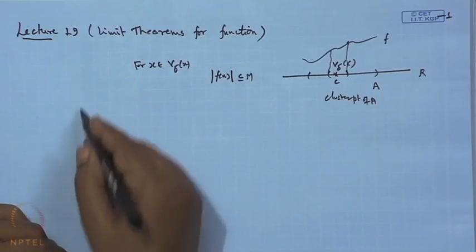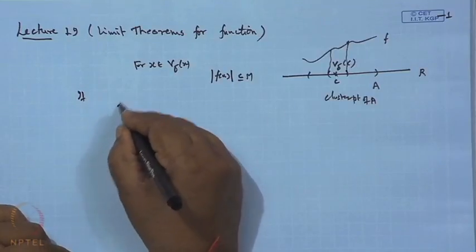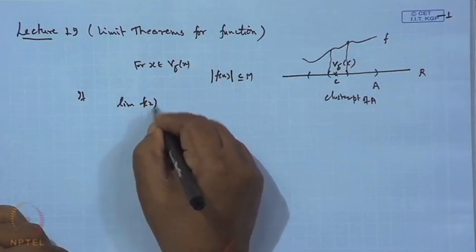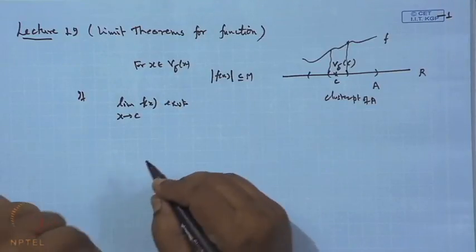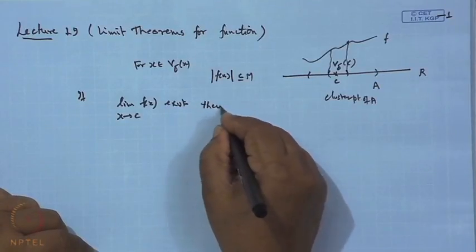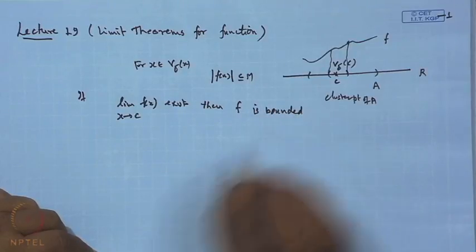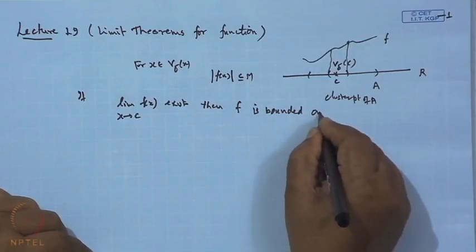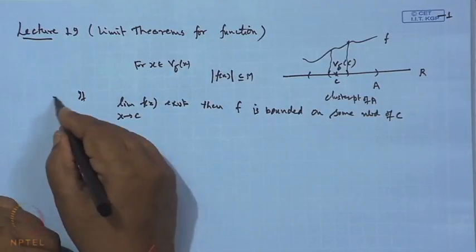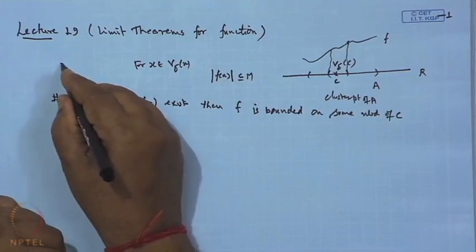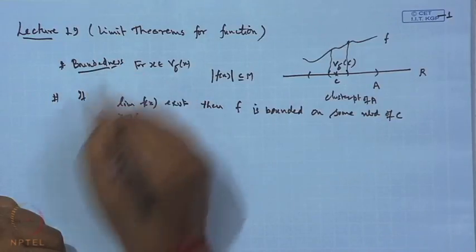And one more result which we have seen: if the limit of the function f(x) when x tends to C exists as a limit, then f is bounded on some neighborhood of C. So these two things, boundedness of the function and the limit.